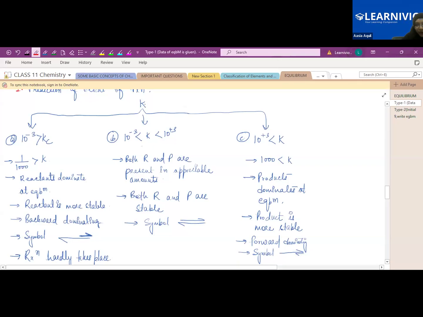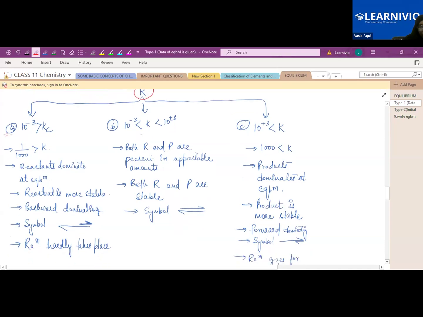The first case is where the Kc value is less than 10 raised to the power minus 3, that is, less than 1 upon 1000. A very small value. So in this case, always remember, the reactants will dominate at equilibrium.